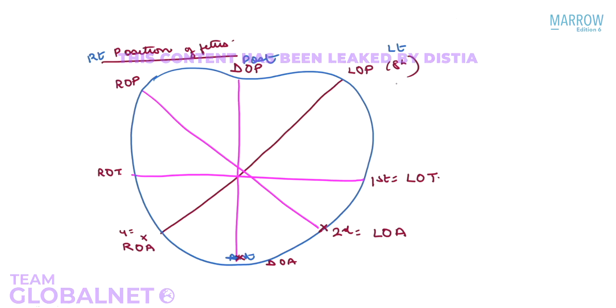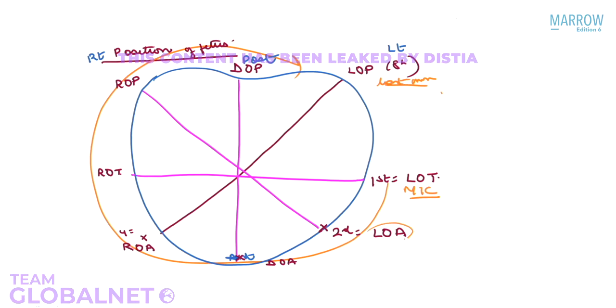Now, from this image, if I ask you, tell me, amongst occipito-anterior positions, which is more common? As I told you, this is how it goes, right? So, this will be the most common and this will be the least common, right? So, amongst occipito-anterior positions, which is the most common?